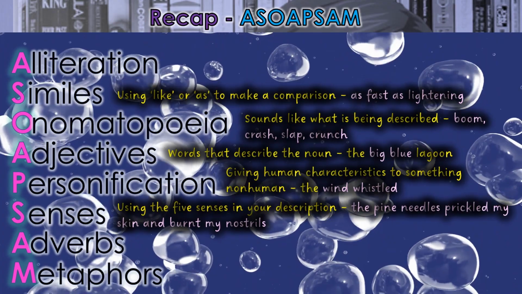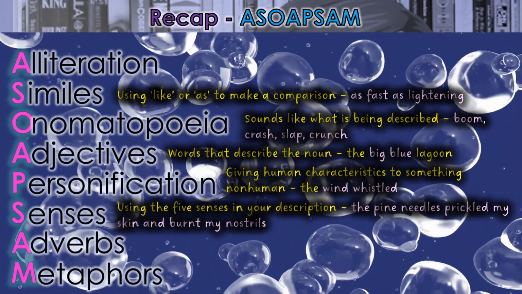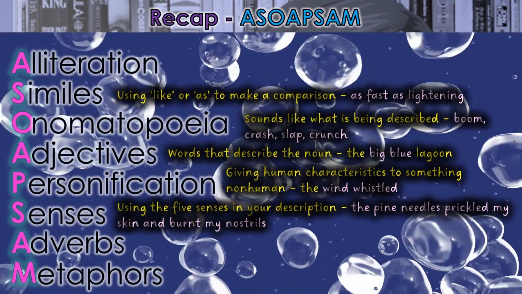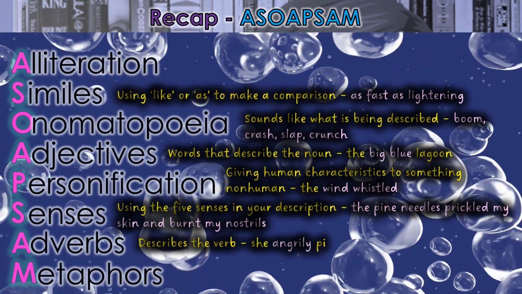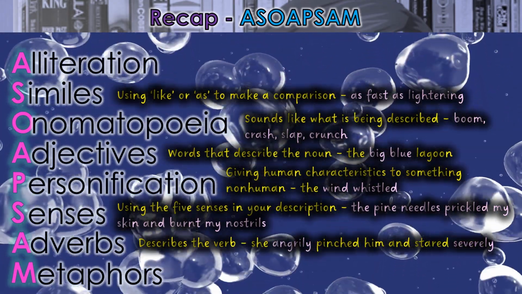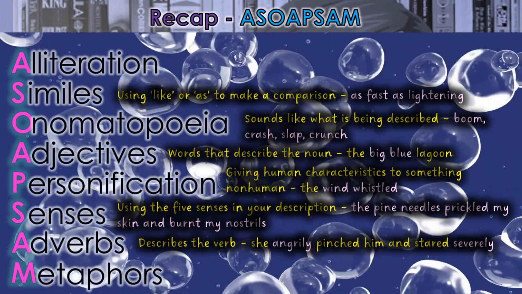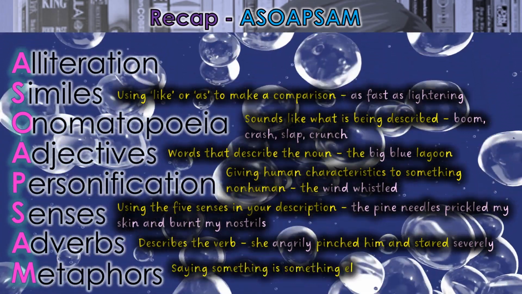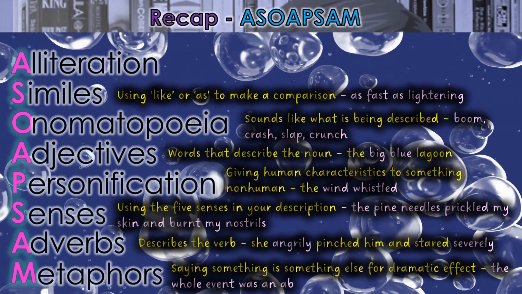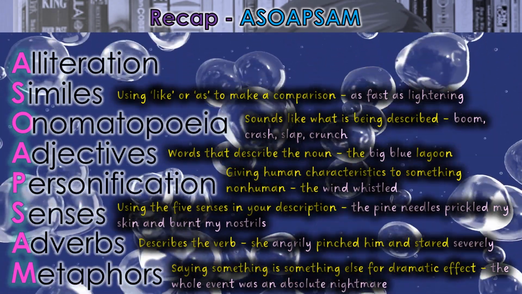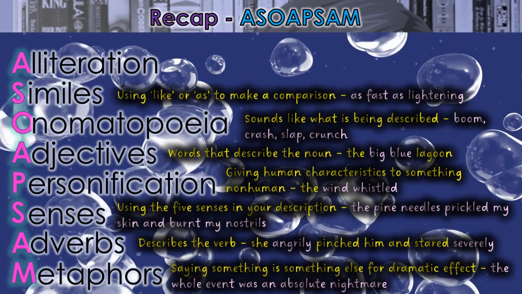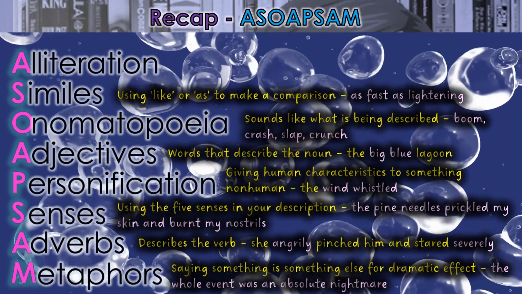So, how does it feel? What does it taste like? What can you see? What can you hear? Adverbs describe the verb. For example, she angrily pinched him and stared severely. And metaphors is when you say something is something else for dramatic effect. For example, the whole event was an absolute nightmare. Again, how did you do?